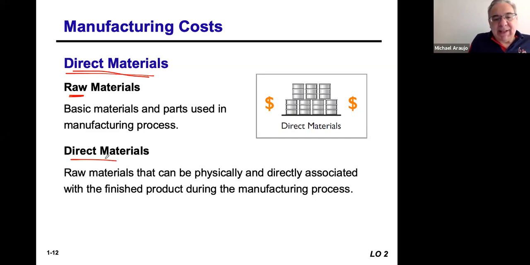And that basically is in a somewhat separate category. Direct materials need to be physically and directly associated with the finished product, okay? If it's not, it's considered something called an indirect material, which we'll talk about briefly.